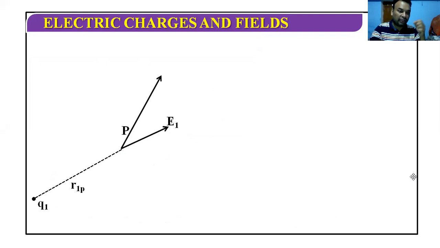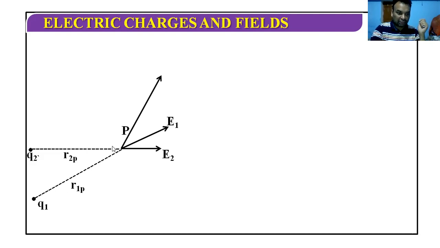Here I am taking a charge q1, and I am interested in finding the field of this charge q1 at point P. Definitely at point P, the field will be along this arrow and this will be E1. The distance of this point P from q1 is taken as r1P, because this is q1 and we want to find out the electric field at P. So the distance is r1P.